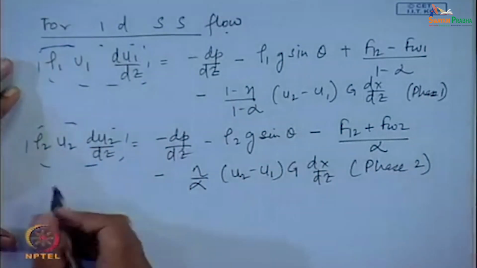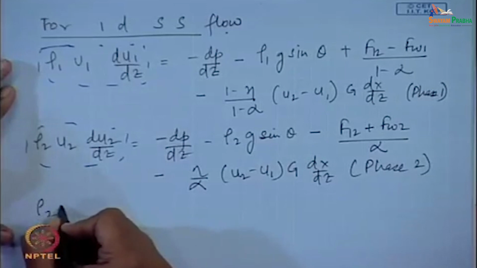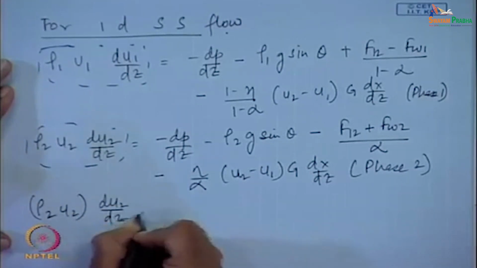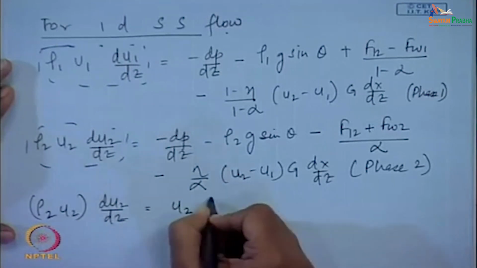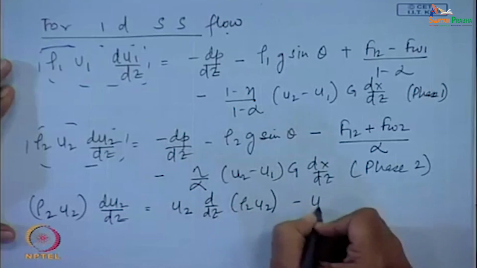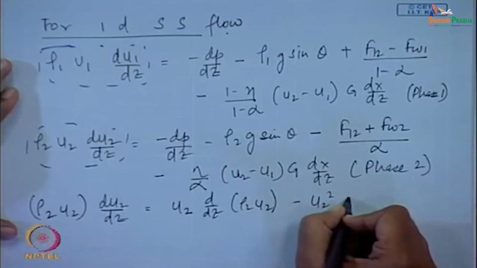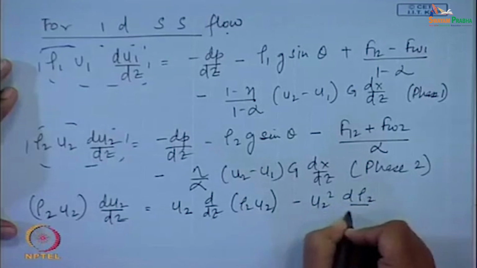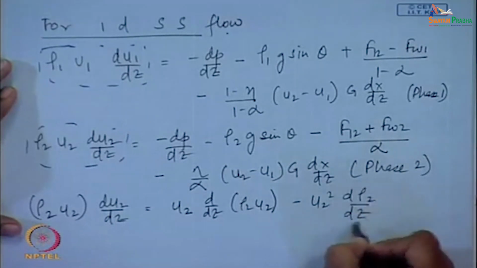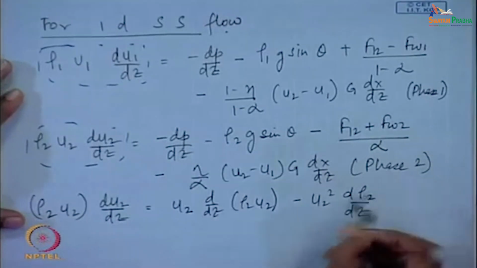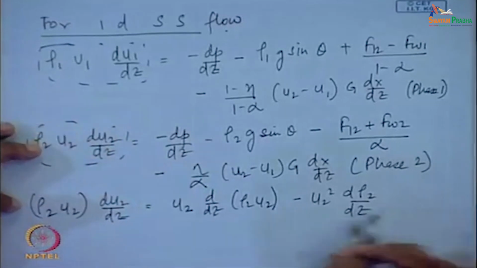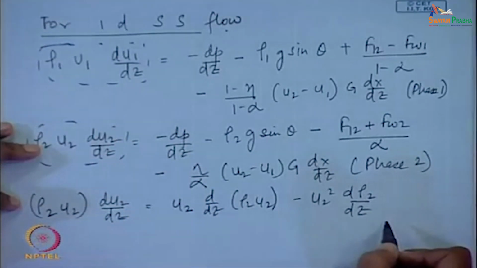Now, we can write it down as, just see what I am doing, rho 2 u2 du2 dz. Can this be written as u2 d dz of rho 2 u2 minus u2 square d rho 2 dz? Why I am writing that you will understand shortly. This d rho 2 dz can again be substituted. So, we can write rho 2 u2 du2 dz in this particular form, yes or no?